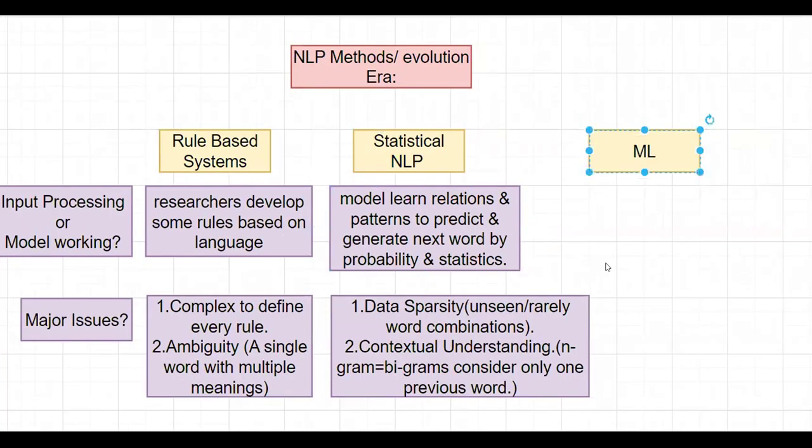I hope you understood this video and understood more detail about the statistical NLP model, the model evaluation requirement, how input processing and model working happen, and the major issues we face while using this model.